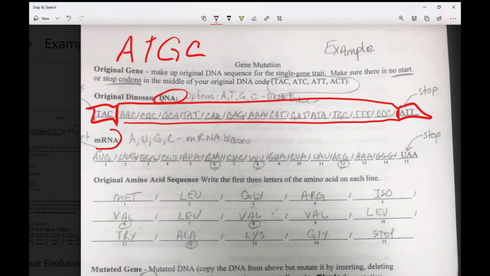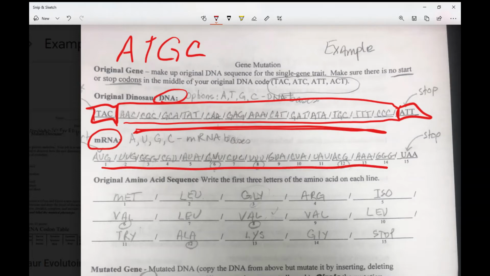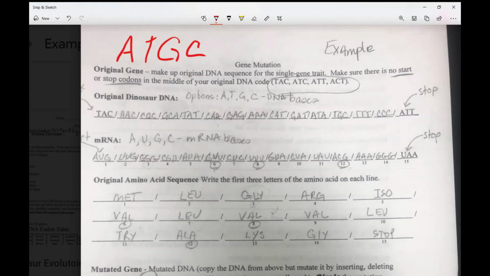Now, for mRNA, I use the code here to determine what it says here. If we remember, DNA has base pairs.